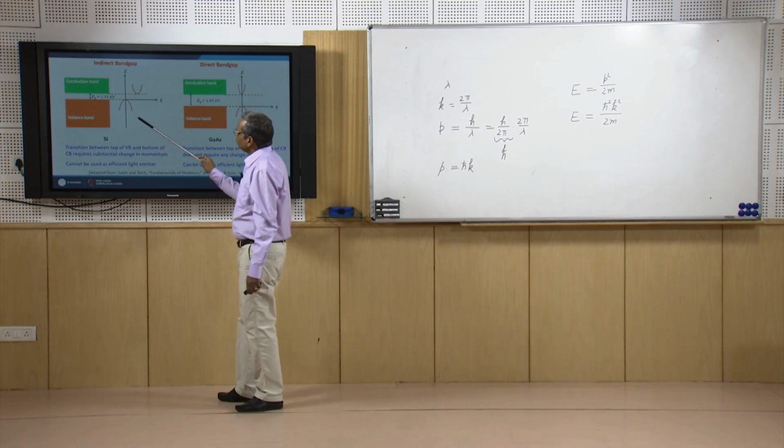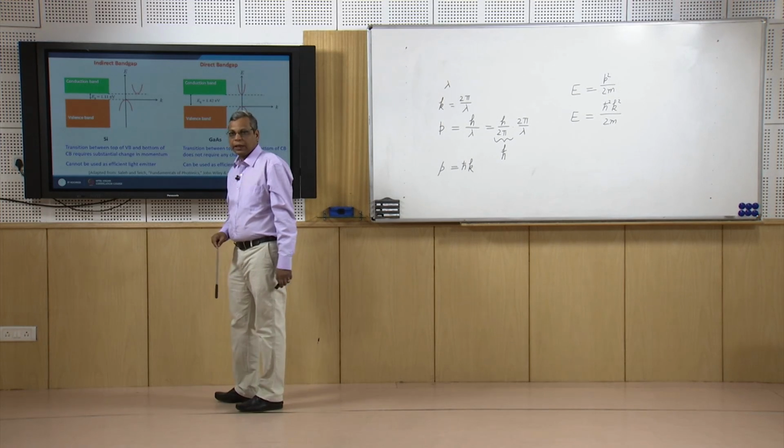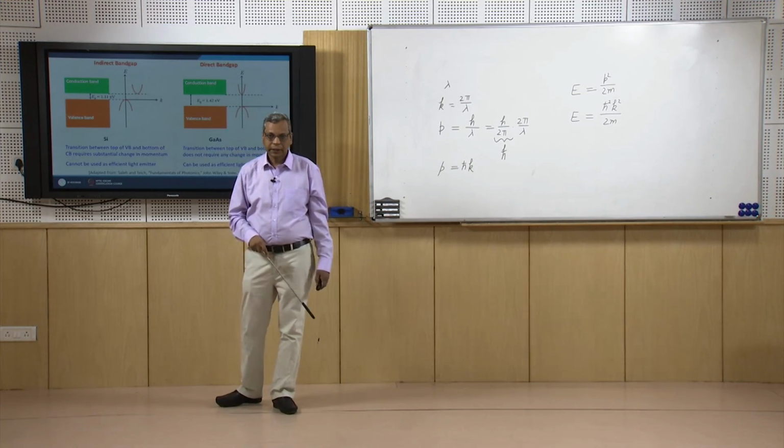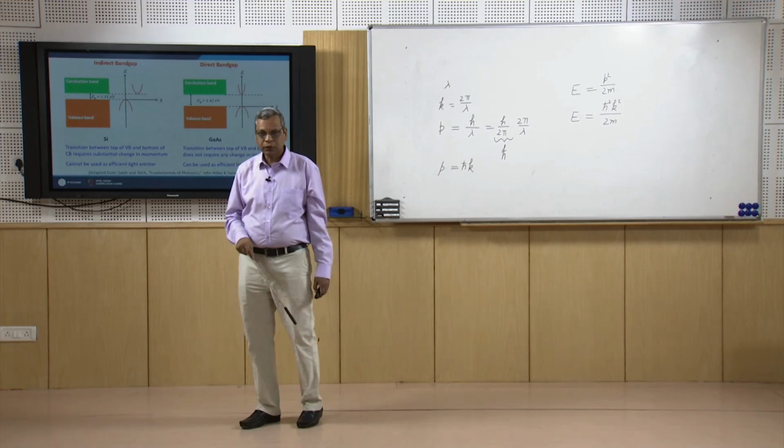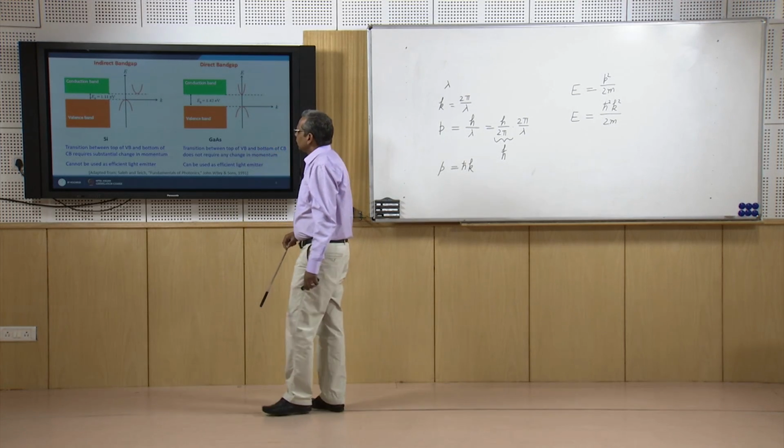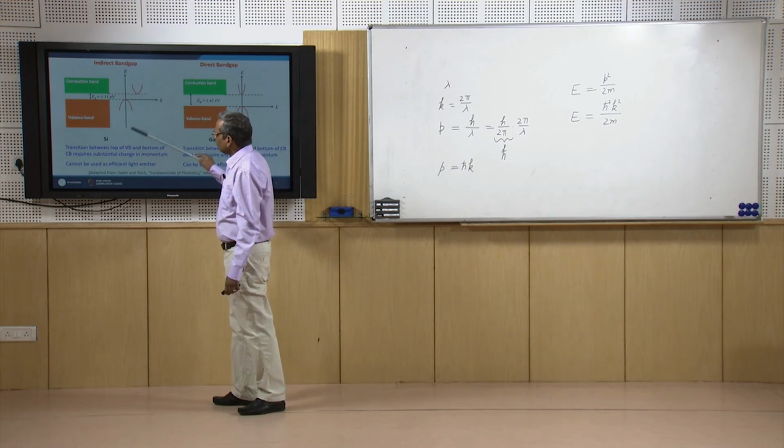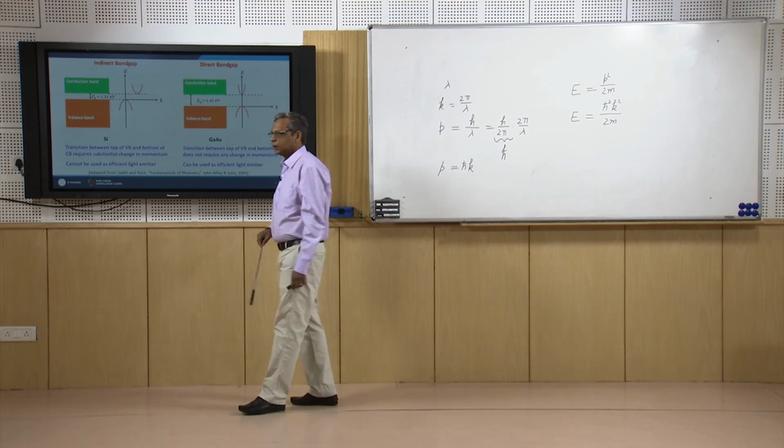So, this kind of materials, since they involve the change in momentum, and this is also known as phonon transition, cannot be used as efficient light emitters.